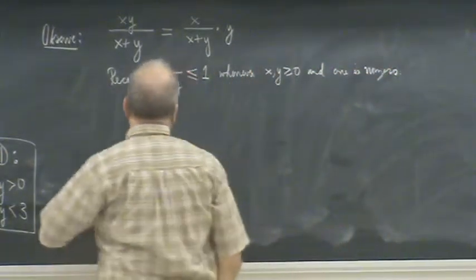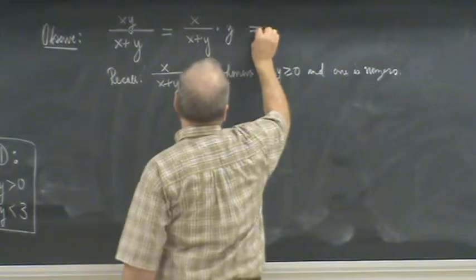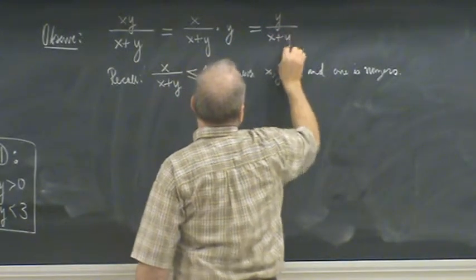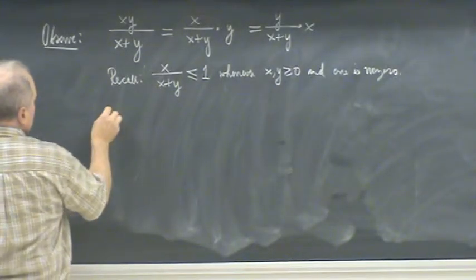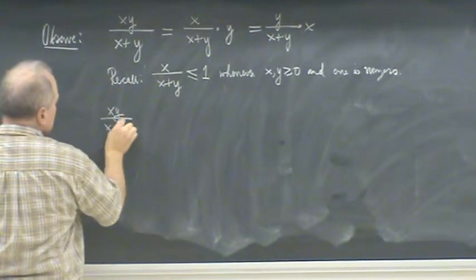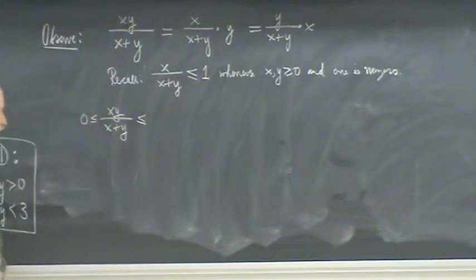So what does that tell you? And similarly, you could do it the other way. So what does that tell you, in fact, about the function xy over x plus y? It's at least 0, and what's the biggest it can be? X or y, depending on y. So what's the biggest it can be? Maximum of x and y. Minimum. I hear max and I hear min.